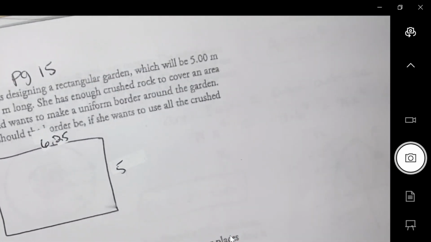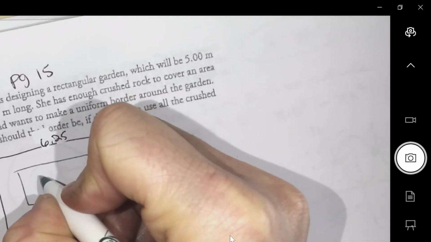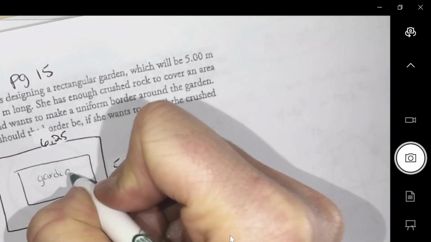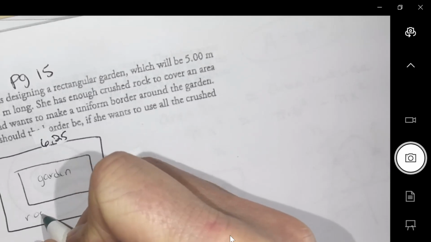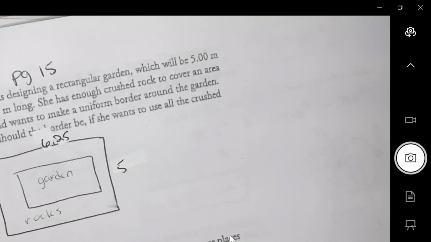Okay. So she's going to put a garden in the middle of this and then crushed rock around the outskirts. Does that make sense? Can you visualize this wonderful design? A garden in the center, and then there's rocks around it.